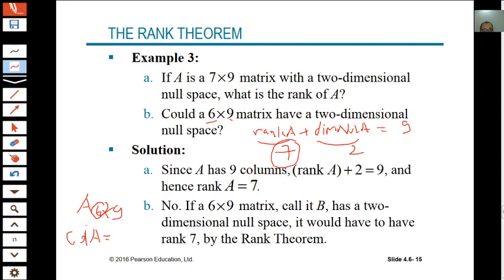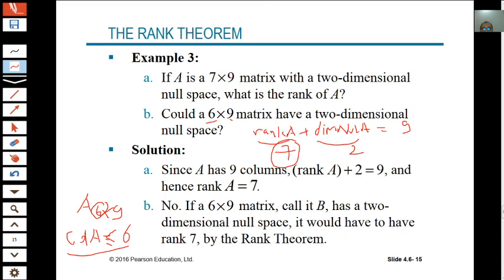Therefore, the dimension of the column space of the matrix A should be less than or equal to 6. It cannot exceed the number 6.